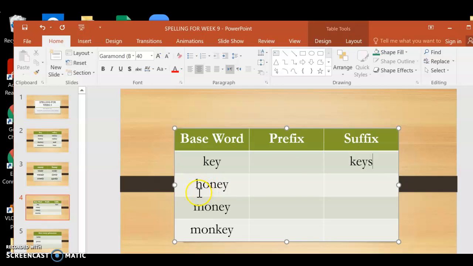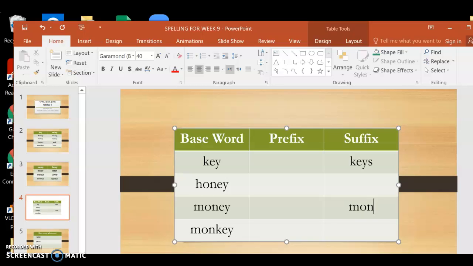Let's go to honey. Did we say honeys? No. Unhoney, underhoney, miss honey. Not really. Honey, nope. Not really. Money. We can say monies, but when we do, we have to change the EY in this situation.